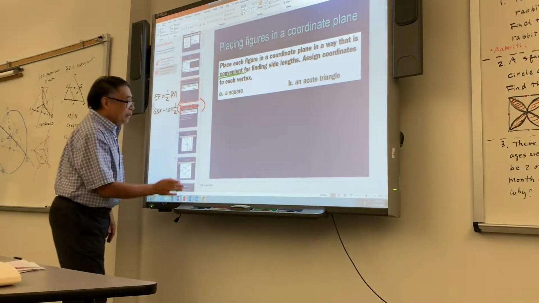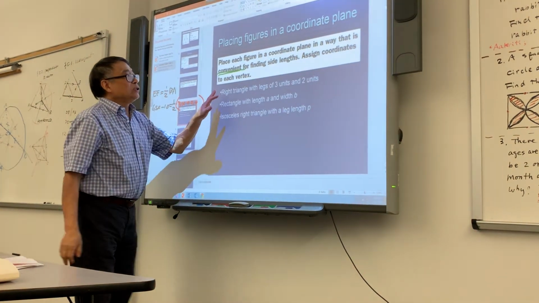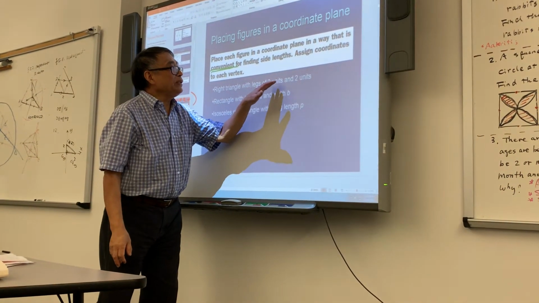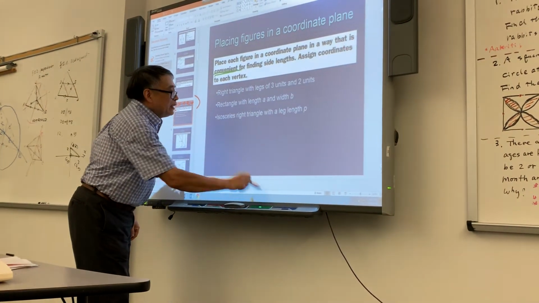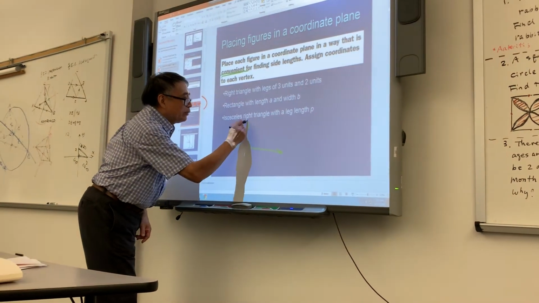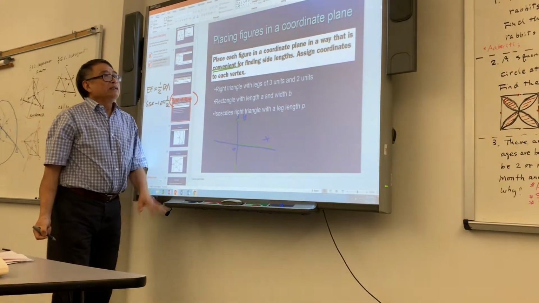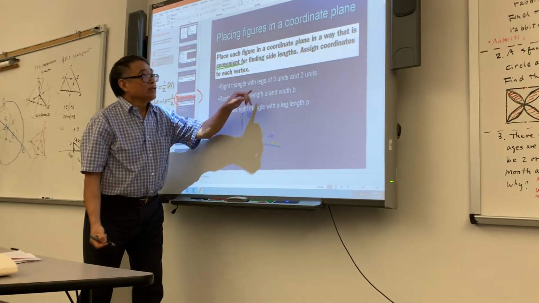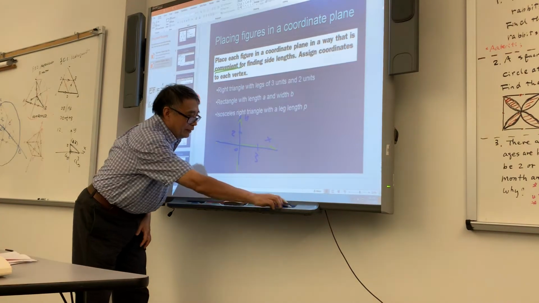Now, we have some ideas. For instance, a right triangle with legs 3 units and 2 units. How to put it in the XY coordinate system? Put the right angle at the origin, 0. Right triangle, 3 units, 2 units.